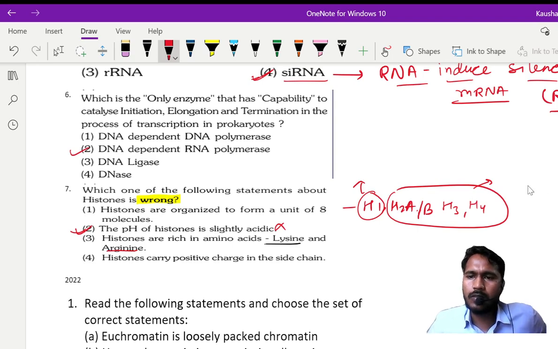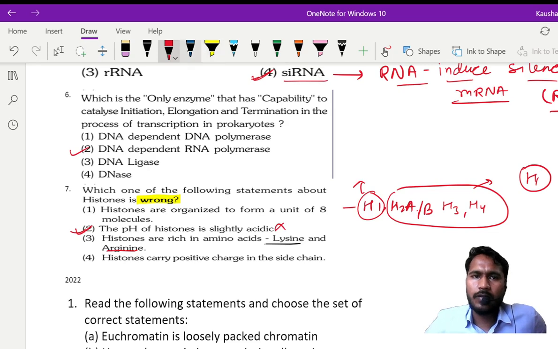We'll see this nucleosome. H1 is like this, and then these are H2A, H2B, and then H3 and H4.